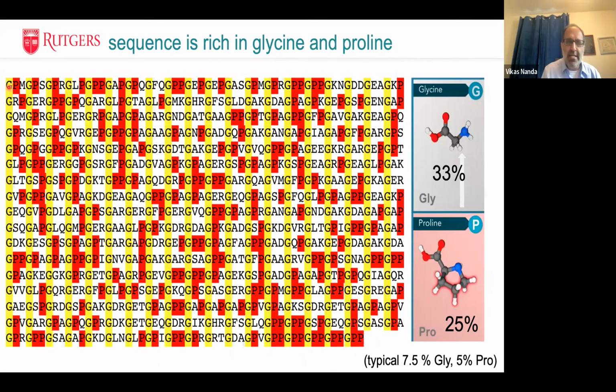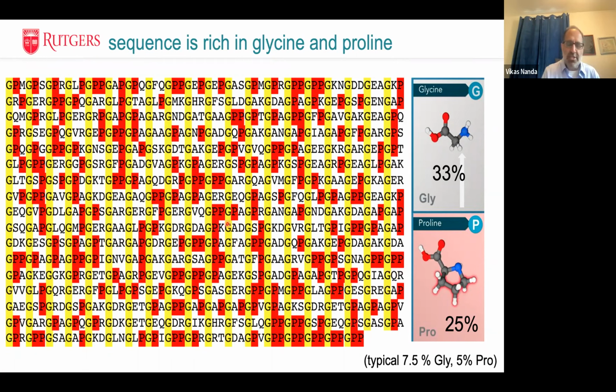And I'm highlighting in yellow glycine, which is this amino acid over here. It's a very small amino acid. And then proline in red, which has this cyclic side chain like this. Glycine is generally found in flexible regions of the protein. It's one of the more flexible amino acids. Proline is the opposite. It's one of the more rigid amino acids.